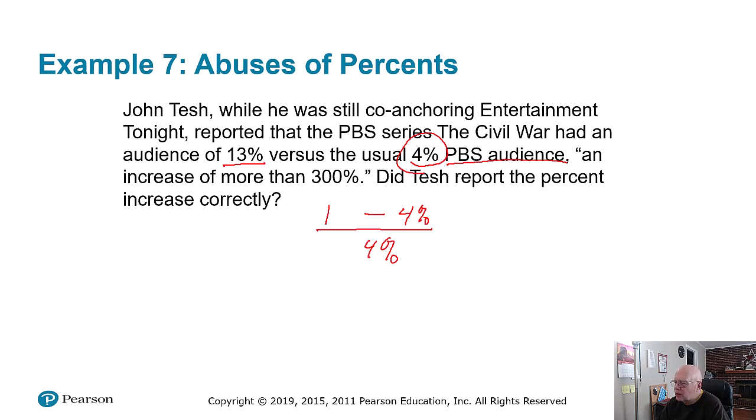So 13% was the new one. 9%, positive, that goes up. Over 4%. Percents actually cancel out. 2.25. Change that to a percent. And the increase was really 225%.